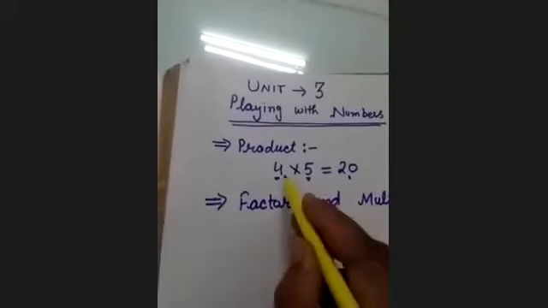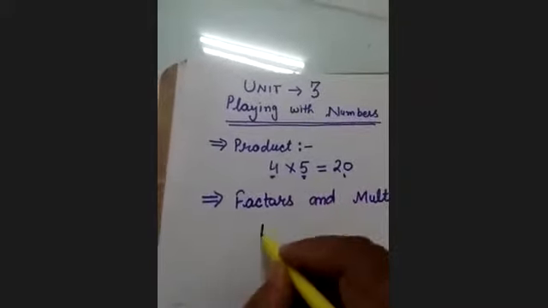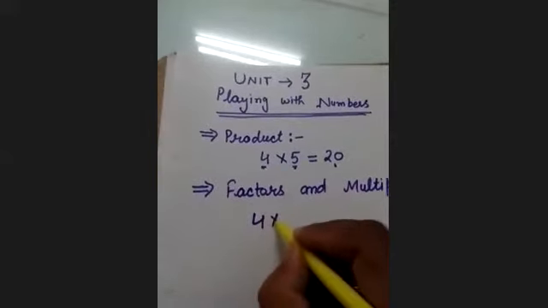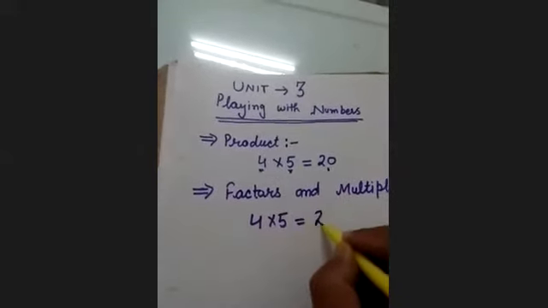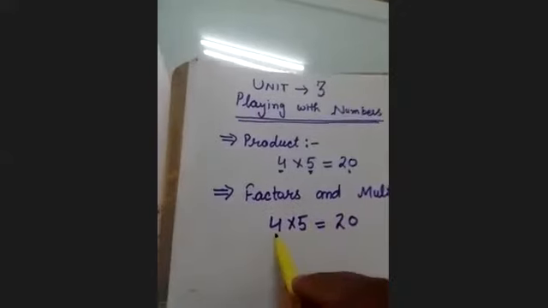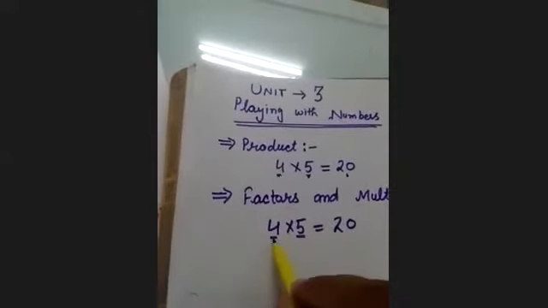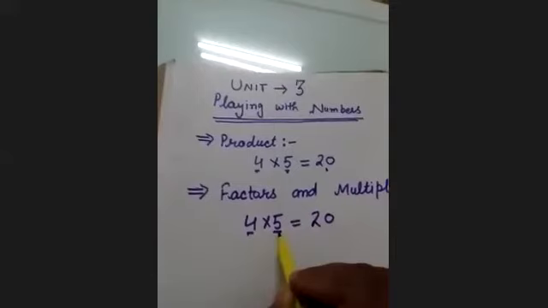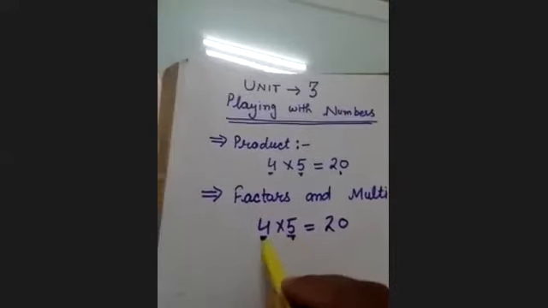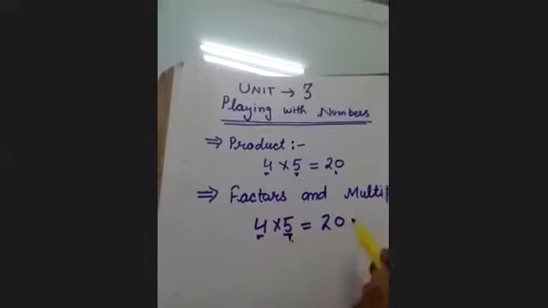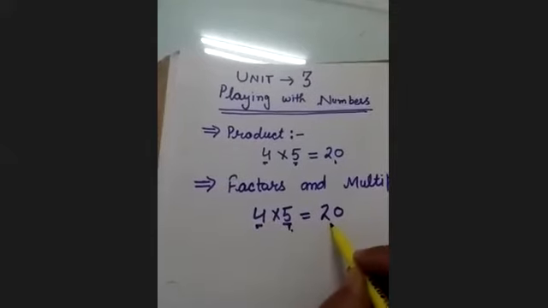For example, we'll take the same example, 4 into 5 is 20. So here 4 and 5 are two factors. 4 and 5 are factors, and 20 is a multiple.